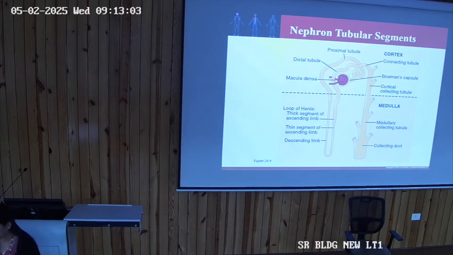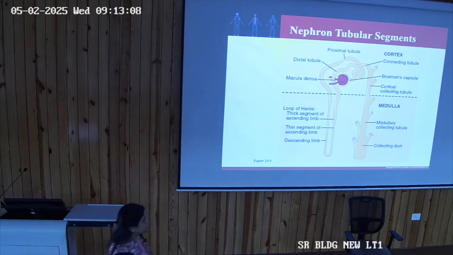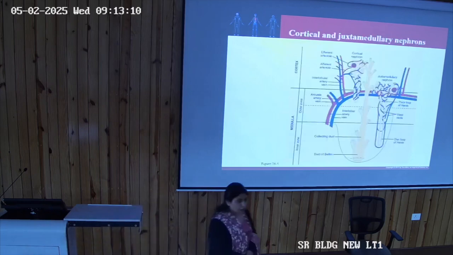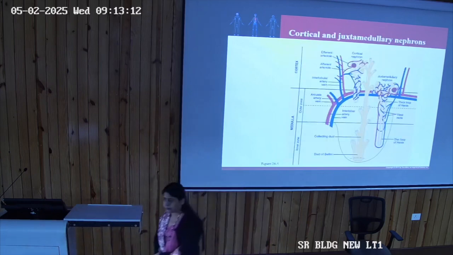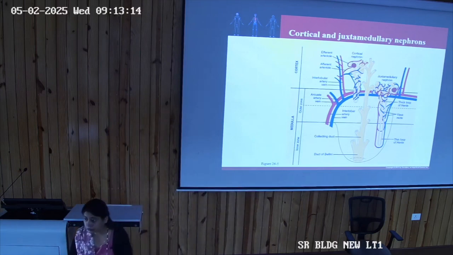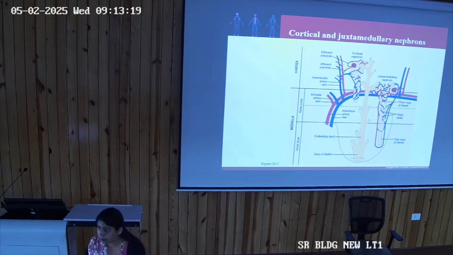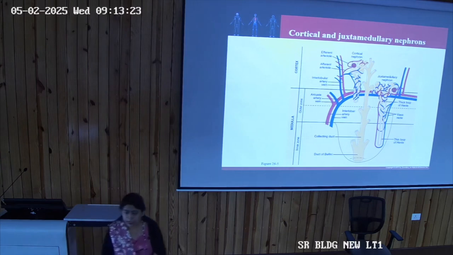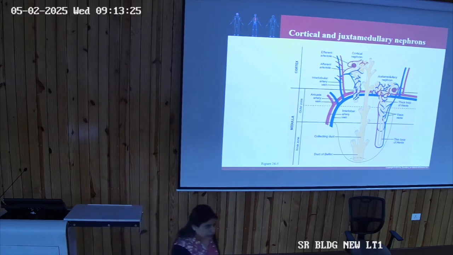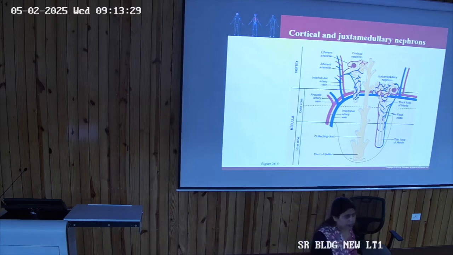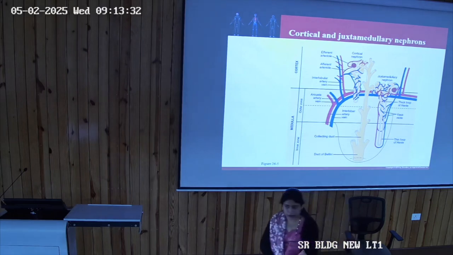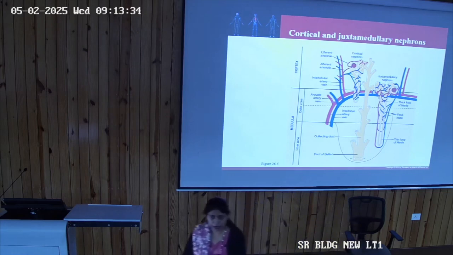In the excretory system or renal system, the body is filtering roughly how much blood? 1000 to 1200 ml per minute. So per day it is filtering 180 liters per day. But out of 180 liters, the normal excretion of urine is only 1 to 1.5 liters.